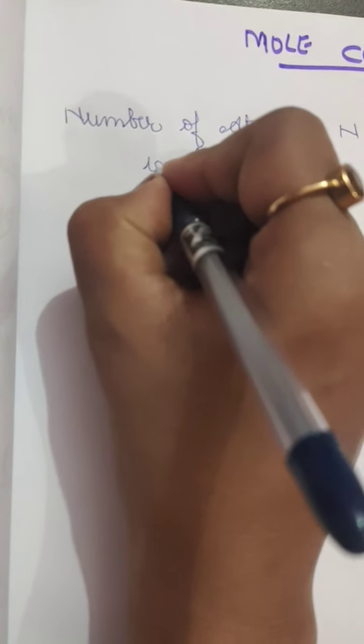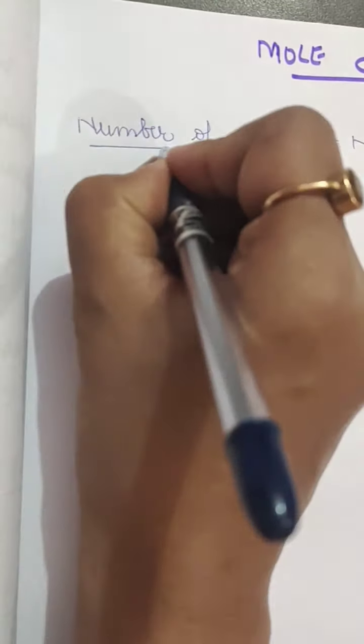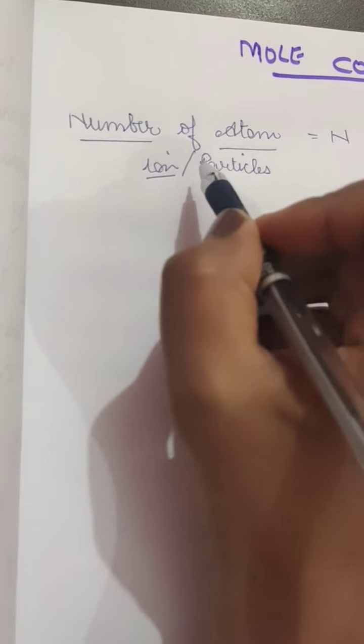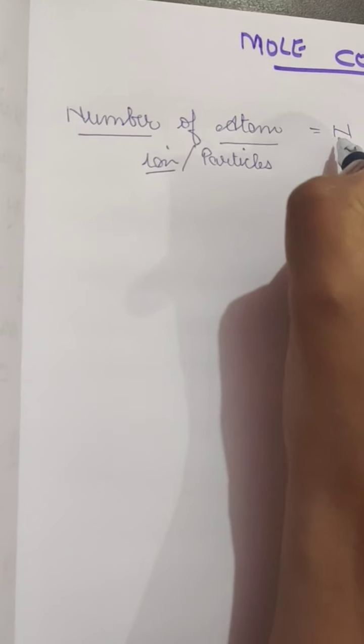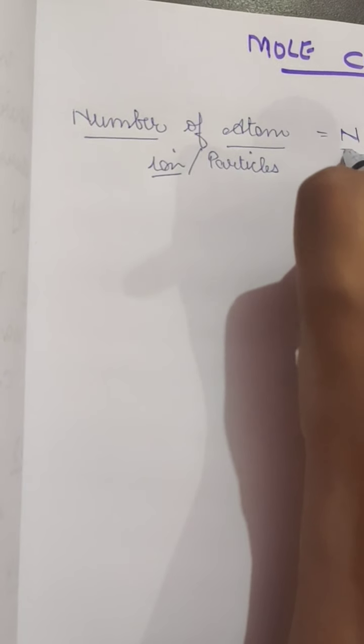Whenever the number of anything is written, number of atoms, number of ions, number of particles, we have to denote that with capital N.